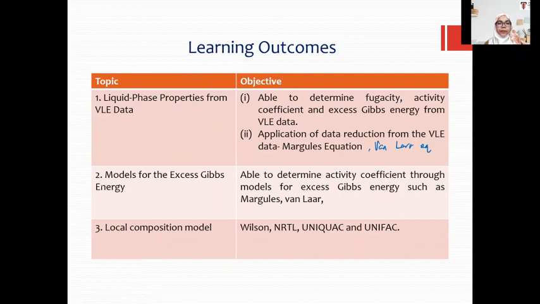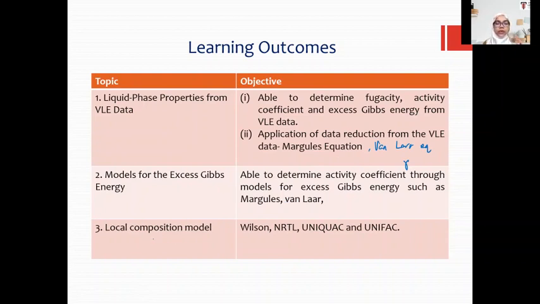Okay, the second topic relates to the models for the excess Gibbs energy. You should be able to determine the activity coefficient through the model from excess Gibbs energy, such as the given model or equation, where we focus on the Margules equation and Van Laar equation.